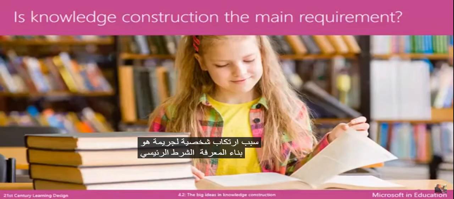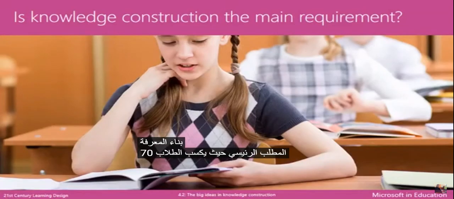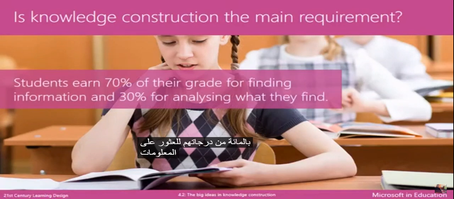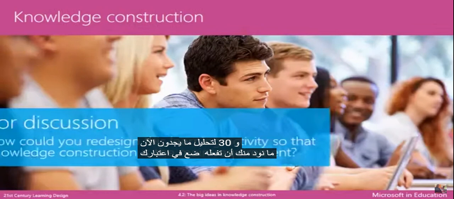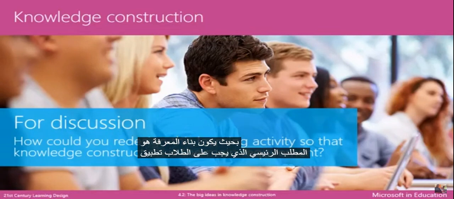Is knowledge construction the main requirement, where students earn 30% of their grade for finding information and 70% for analysing what they find? Is knowledge construction the main requirement, where students earn 70% of their grade for finding information and 30% for analysing what they find? Now, what we would like you to consider is how you could redesign this learning activity so that knowledge construction is the main requirement.